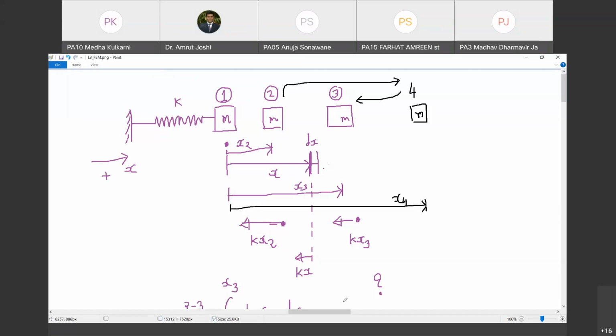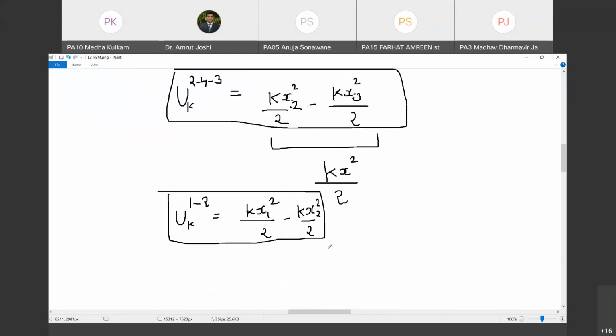Yes, sir. So here also, as I stretch the spring and release it, it regains its original position on account of the energy stored in the body on account of spring force. Do you agree with me? Yes, sir. Now look at its units. kx square, what is the unit of k? Newton per meter.